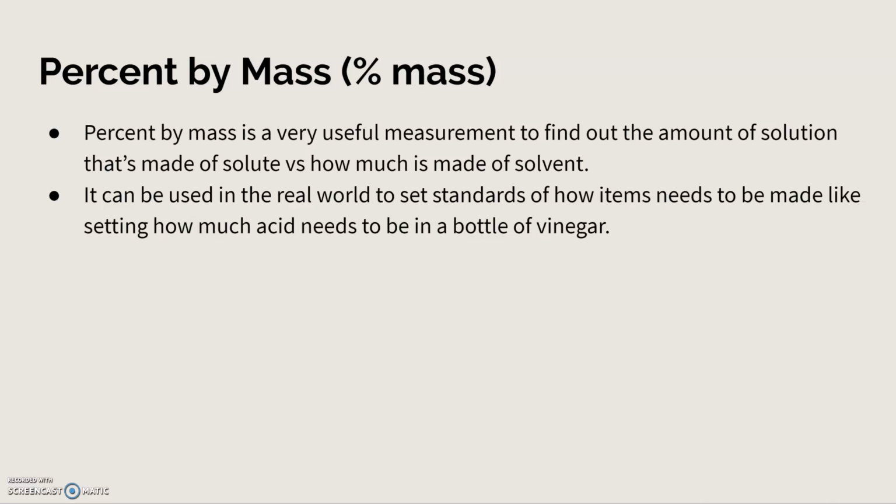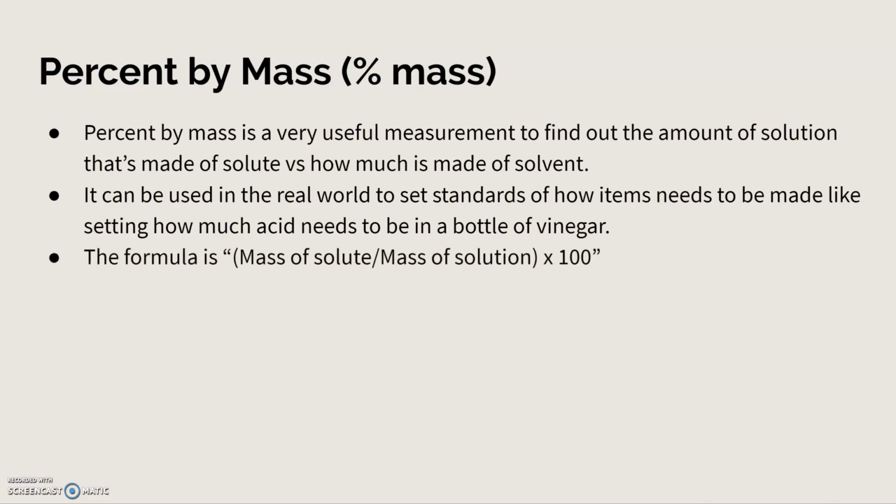So you'll see percent by mass a lot in foods. I'm sure you've looked at the nutritional label in your cereals or in things in your pantry, and you've looked at the percent of vitamins that are in several different types of foods. So this is where percent by mass is used.